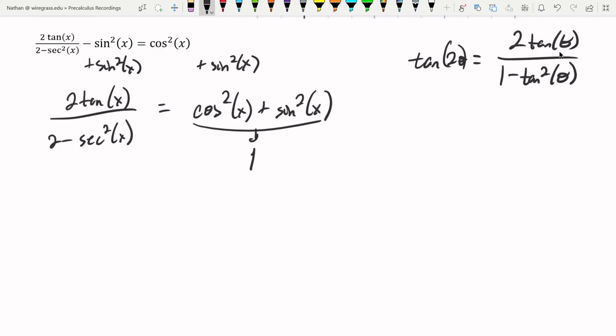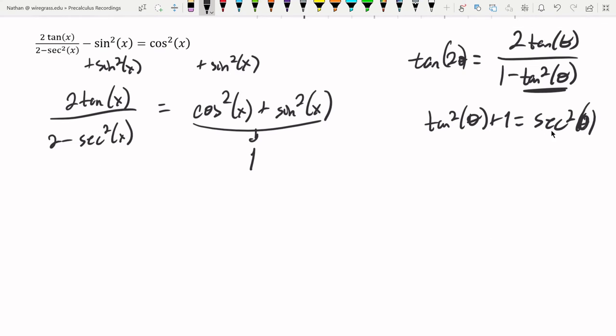And this is almost there, right? It's got 2 tangent x on top. We have secant, but there's a Pythagorean identity that can change secant squared to tangent squared, and that's what we want on the bottom. So let's look at that: tangent squared theta plus 1 equals secant squared theta.